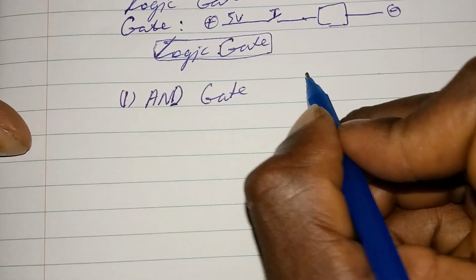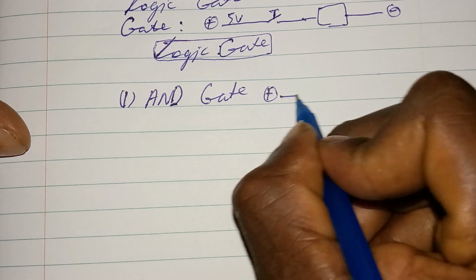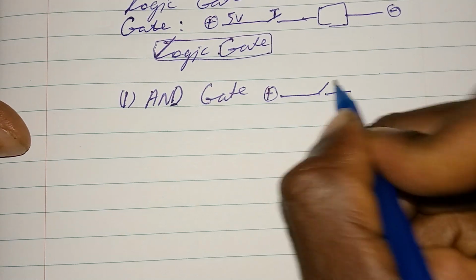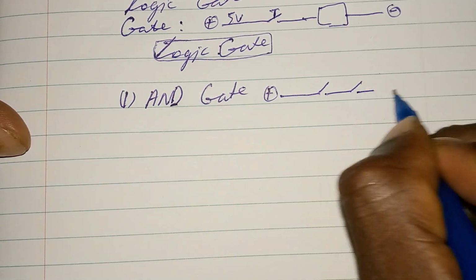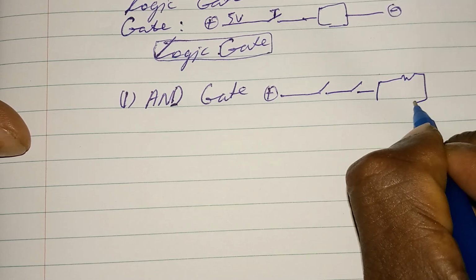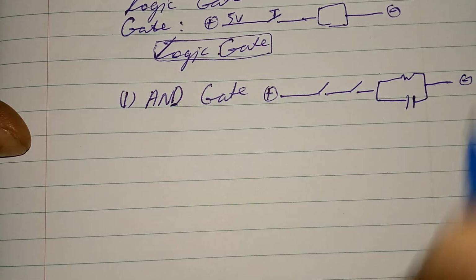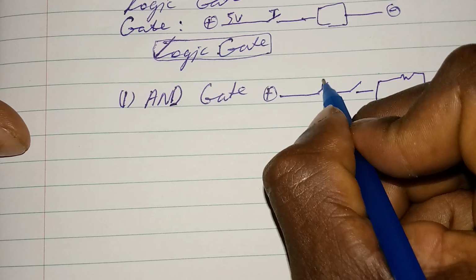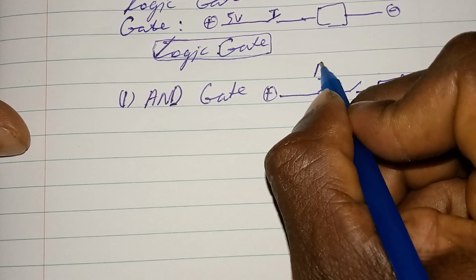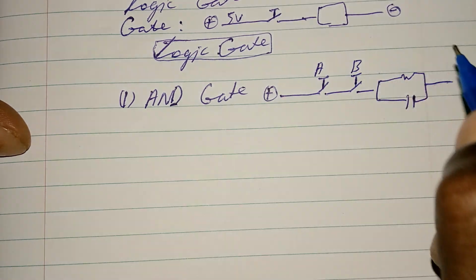Now, let's say we have the positive, this is the first key, and then the second key connected in series with a circuit. Now we have switch 1. Let's say this is the A switch and the B switch.